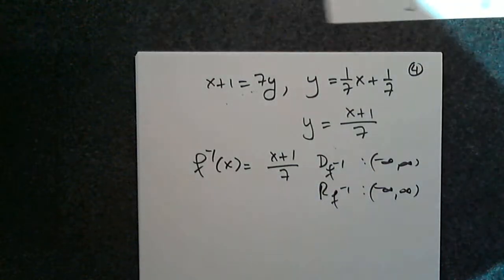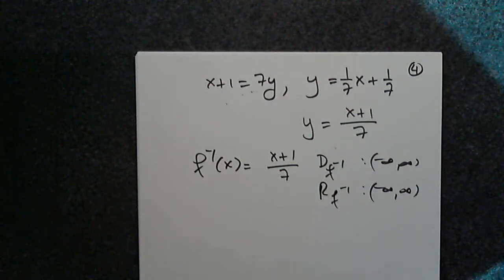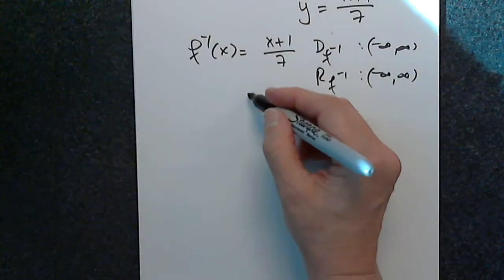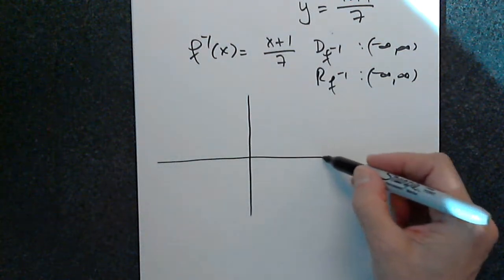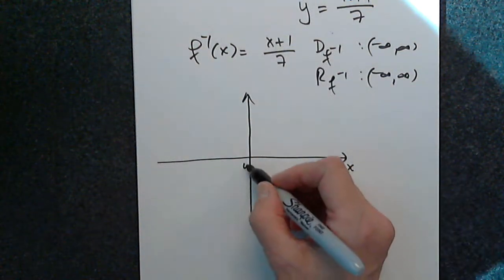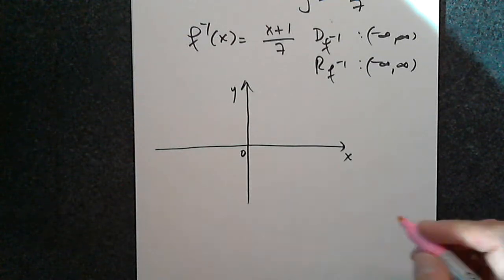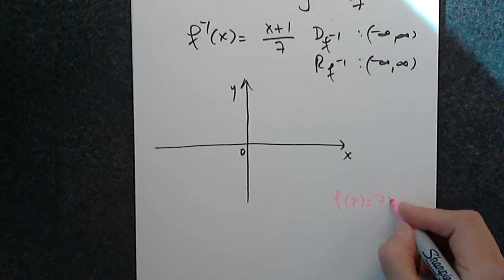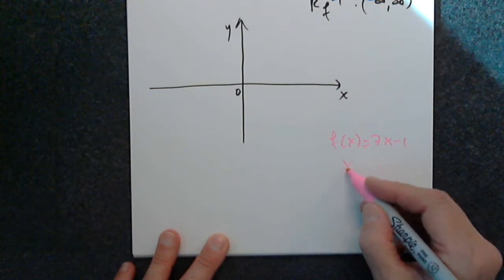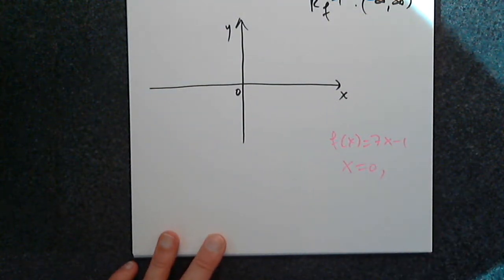Okay. So next we have to graph them on the same coordinate system. So let's do that. Good. So let's start with 7x minus 1, our original function. So we have f of x equals 7x minus 1. When x is 0, how much is y?